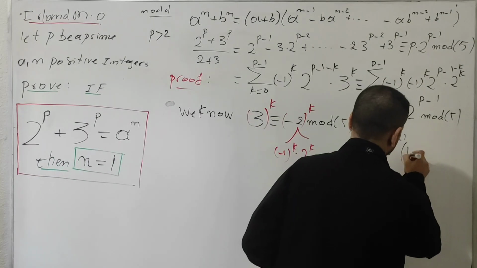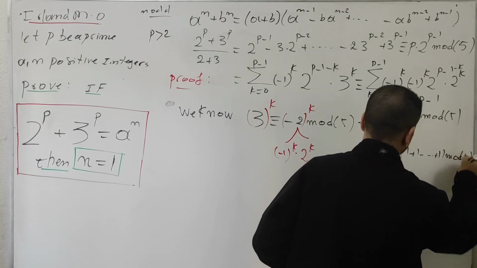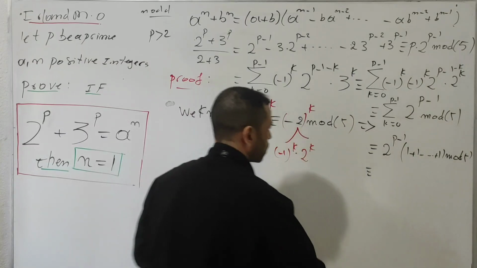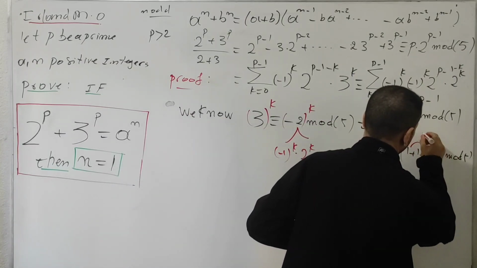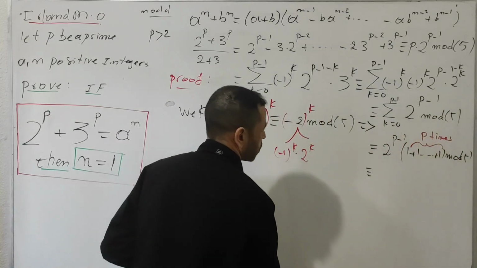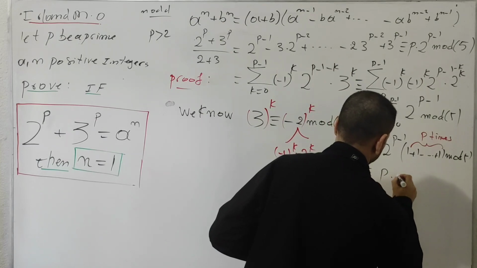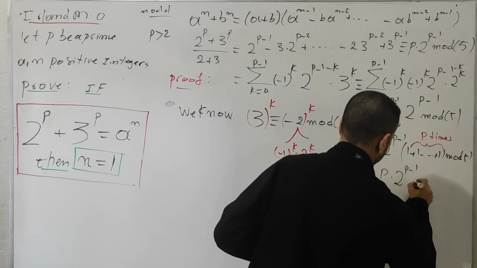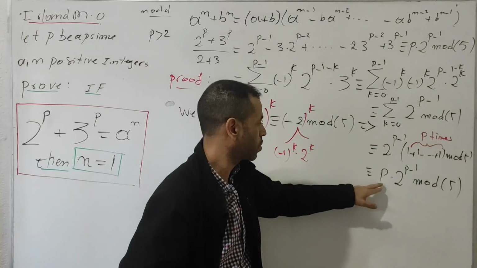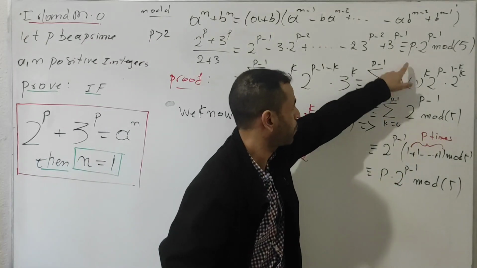So this one is the same as 1 plus 1 and all the way down to 1 mod 5. So we have p times this one. That means this is p multiplied by 2 to the p minus 1 mod 5. Is congruent to p multiplied by 2 to the p minus 1 mod 5, which is this one. So we have proven this one.